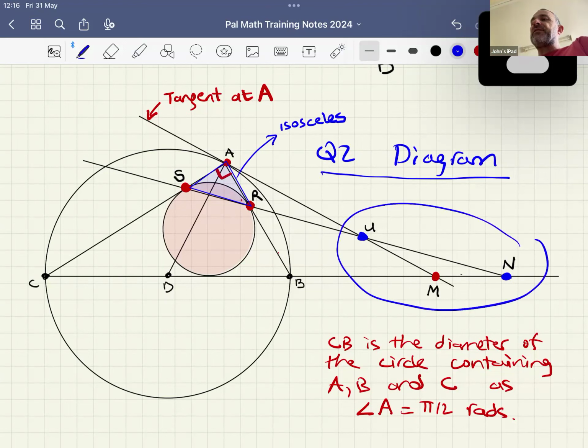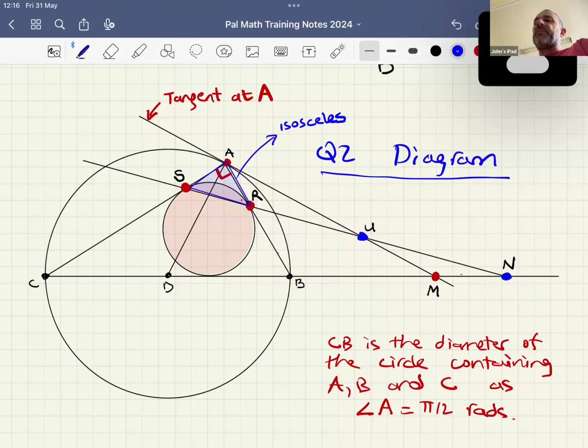So this is the triangle of interest here. And I think you can see that we're basically trying to prove that this angle and this angle are the same. So I'll just put a question mark. Can we show that those two angles are the same?